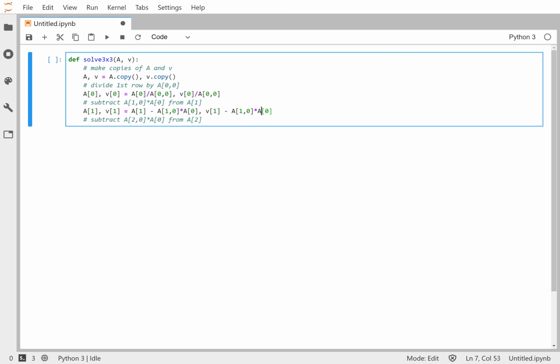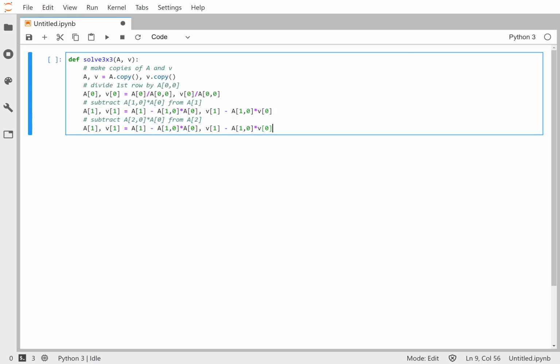Oh, sorry, times V0. So we're subtracting here multiples of A times, in the first case, A, or in here, times V. And that should be really similar to the code we're going to call here for the last part, except we're going to change the 1s to 2s. So anywhere you see a 1 here, it's just going to become a 2.